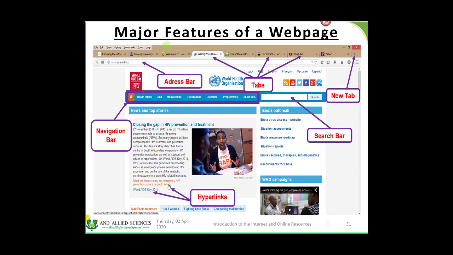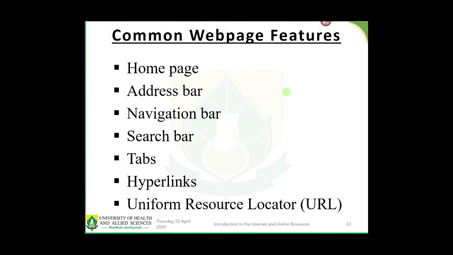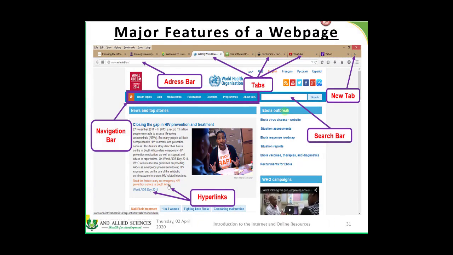Now you should distinguish this address bar, which takes your URL addresses, that's web addresses, from the search bar that is available in most websites. The search bar is only meant for your search query, and it is used to enter keywords to search that particular website.